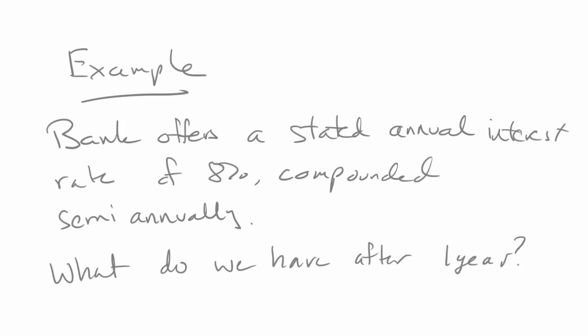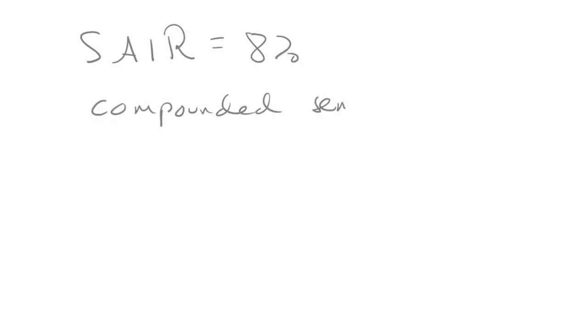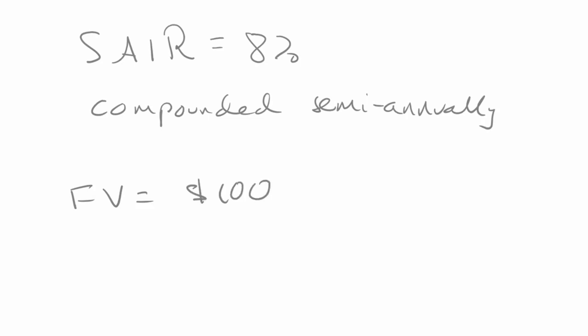So what does this mean? If we have a stated annual interest rate of something, R, what happens is that we take that R and we adjust it to create a period rate. So in this case, if we have a stated annual interest rate of 8%, compounded semi-annually, my future value of $100 is going to be 100 times 1.04 squared.